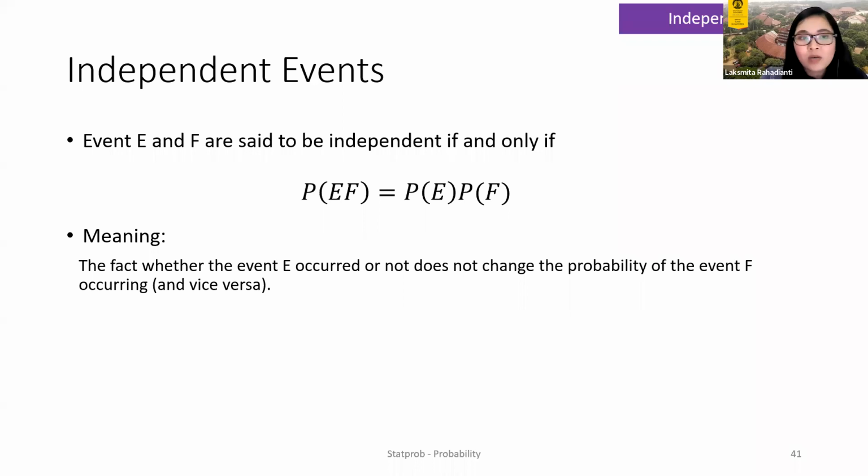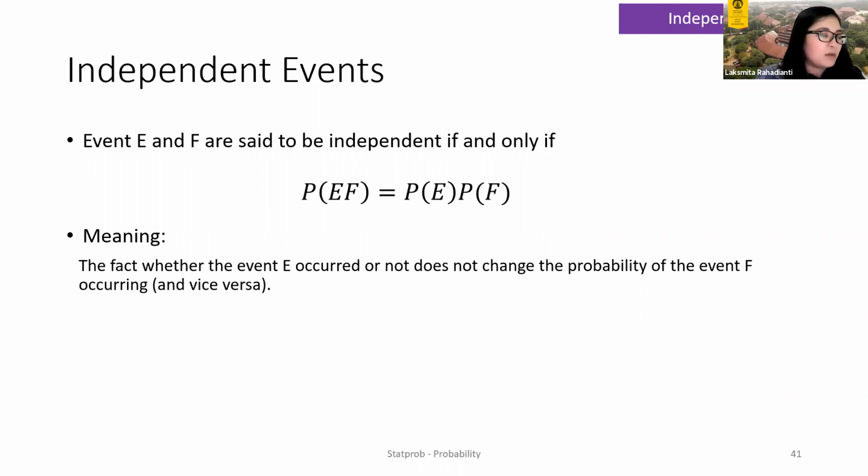So we can only say of events E and F that they are independent if and only if the probability of their intersection equals the product of their probabilities, and I know that this equation is valid. What it means for two events to be independent is that whether or not event E happened, it doesn't change event F. Up until now, we talked about conditionals, right?